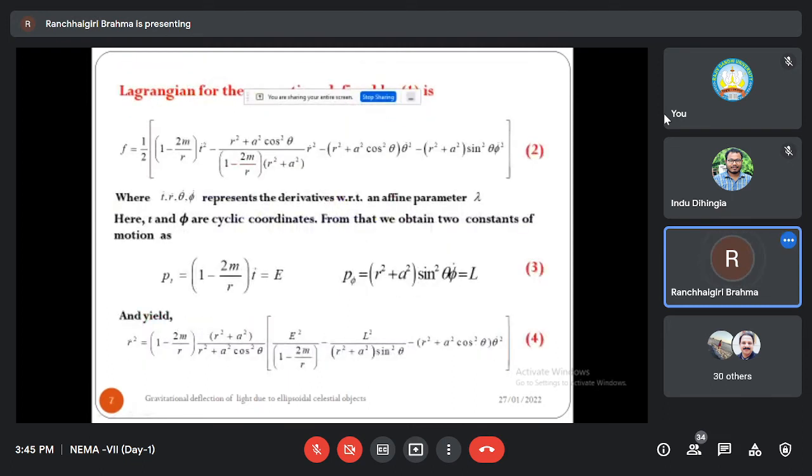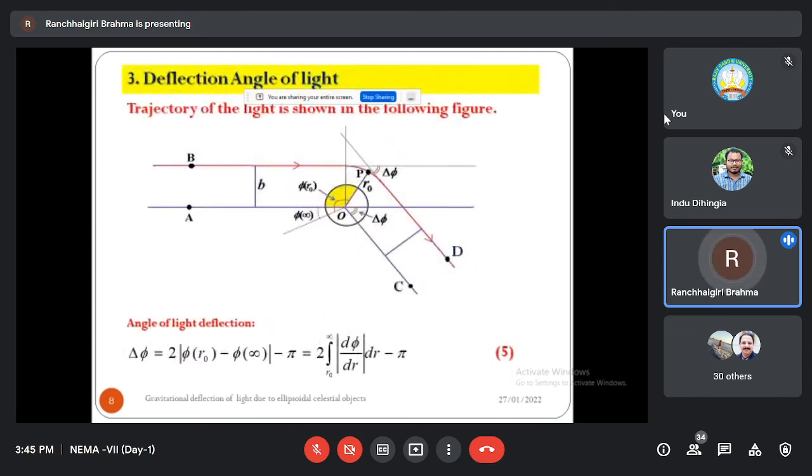We obtain equation 4 because we need to find the deflection angle. Now, what is the deflection angle? It is the angle by which the trajectory of light deviates from the straight line.